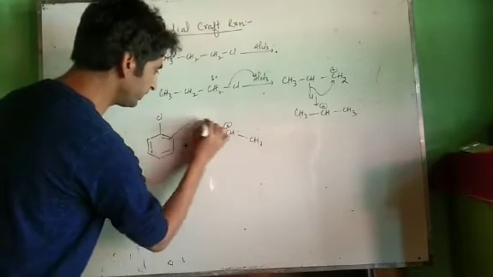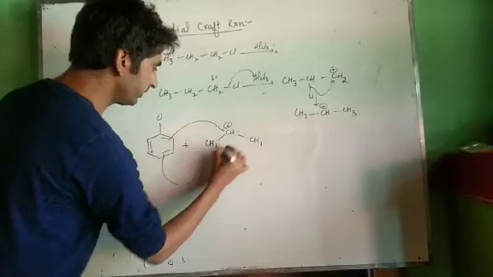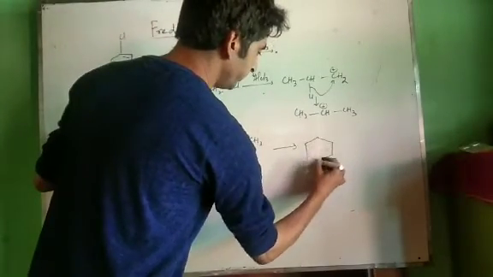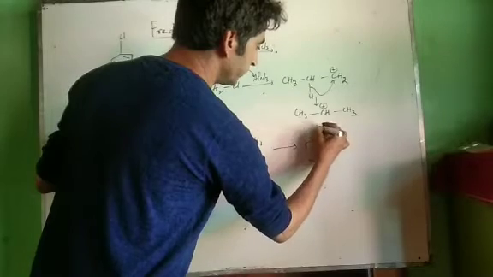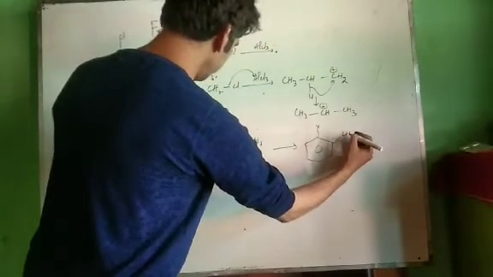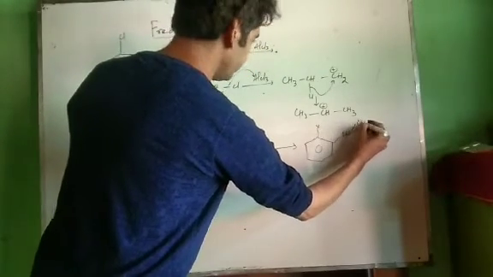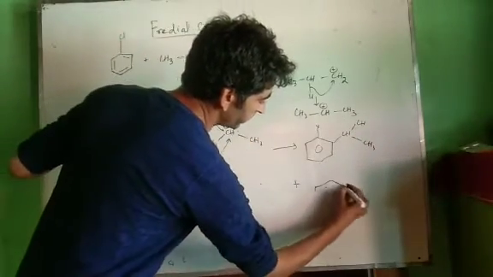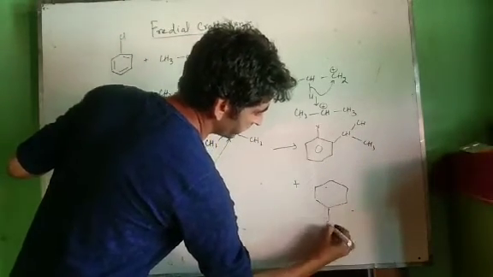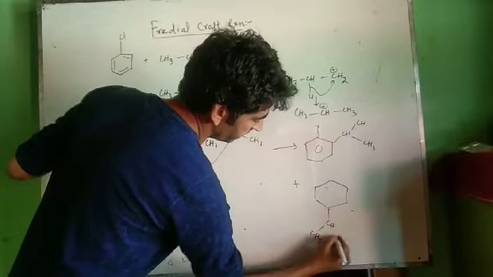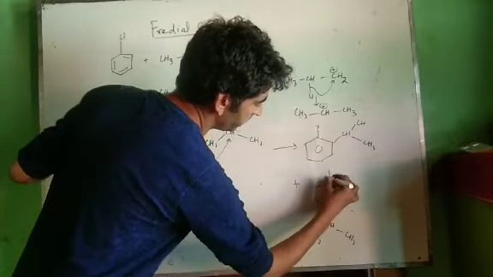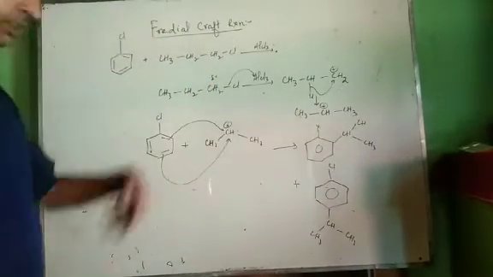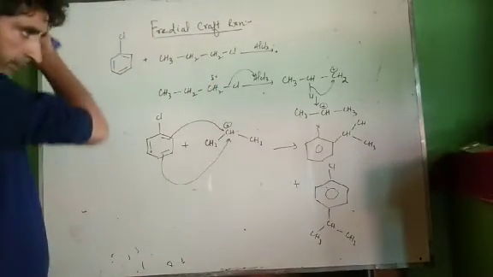It will be attacked at the ortho position, or the para position will attack. We get this type of product. To this CH we have CH3, CH3, plus we get the para product, CH(CH3)2 with Cl.